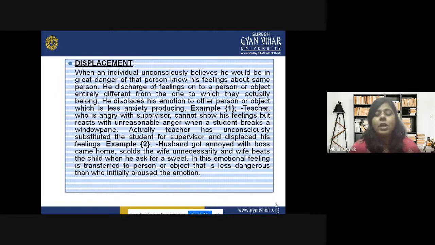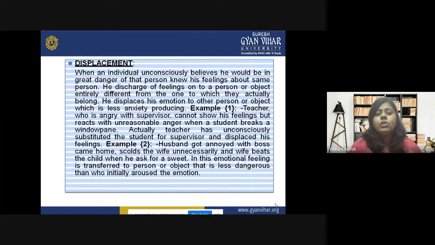He displaces his emotion of fear to another person or object, which is less anxiety producing.